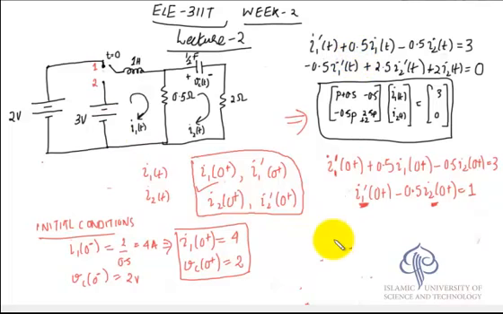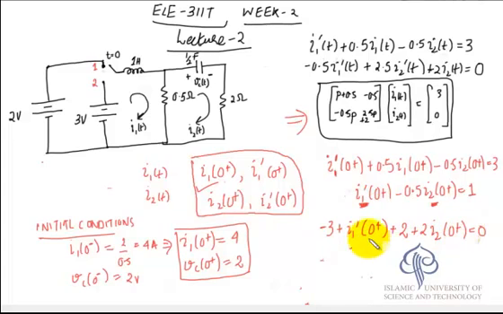When we do that, we get minus 3 plus I1 dash 0 plus, which is the first part of the first mesh equation, and then we write the capacitor voltage at 0 plus, which is 2 volts, plus 2, because Vc 0 plus is 2, and then let us come down, plus 2 into I2 0 plus is equal to 0.